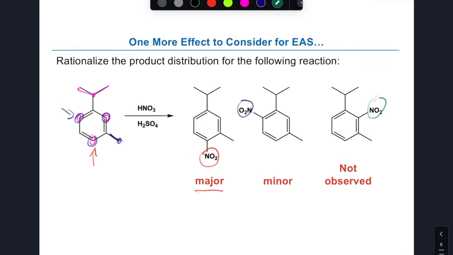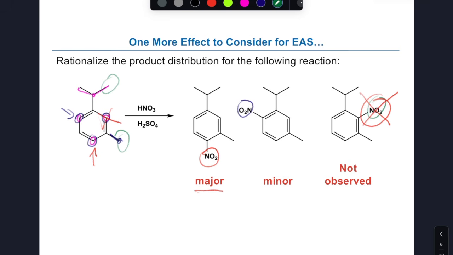Now, this kind of substitution pattern is best described because of sterics. If you imagine, really, this one here is out because what you have to do is nitrate in between these two groups up at the top. That's very difficult. That means that this position is not going to be functionalized, mainly because we're blocking it by the two adjacent alkyl groups.